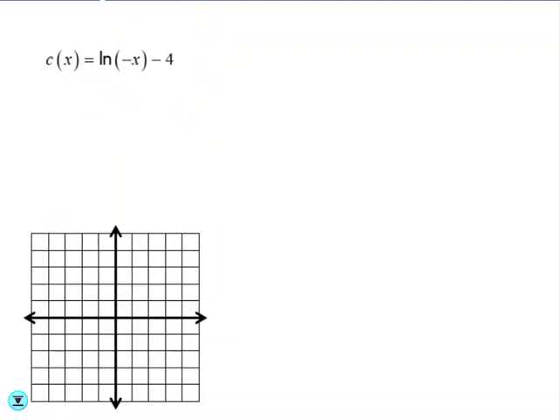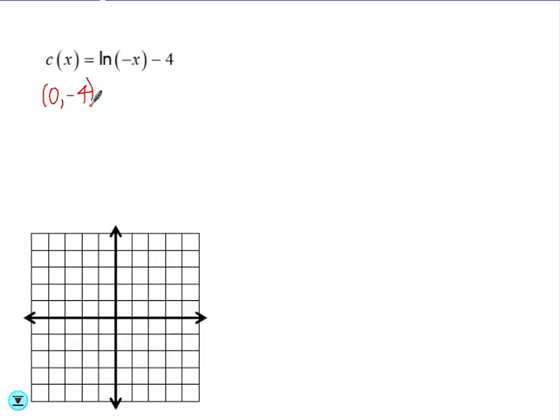Our last example, we have c of x equals natural log of negative x minus 4. Since there is no number being added or subtracted with the x, our h value is 0. This -4 off to the side is our k value.